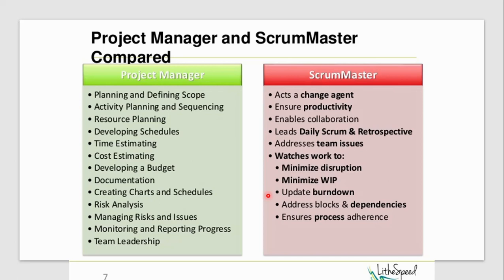Update on the burn down. If you can remember, in the schedule management, we talked about a burn down graph, to track the activities. So these things can be done by the Scrum Master.